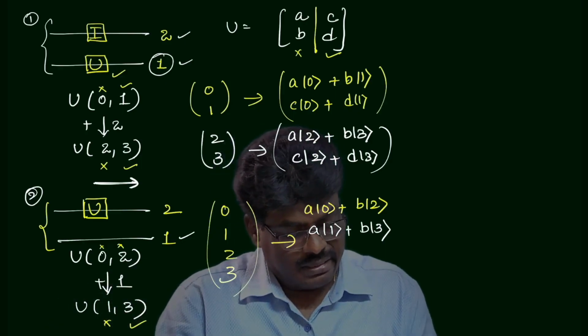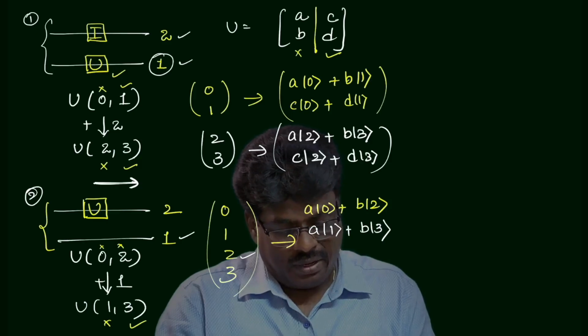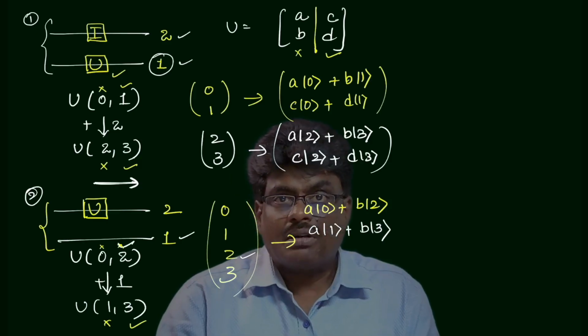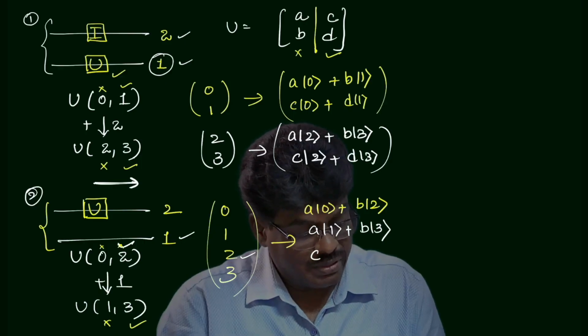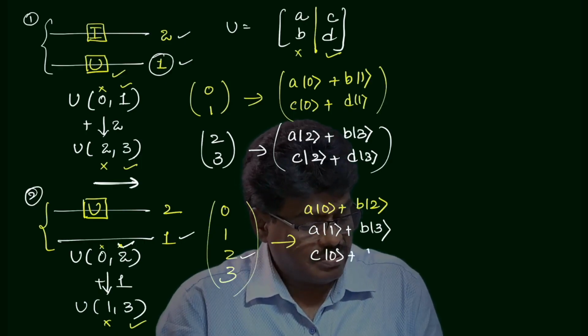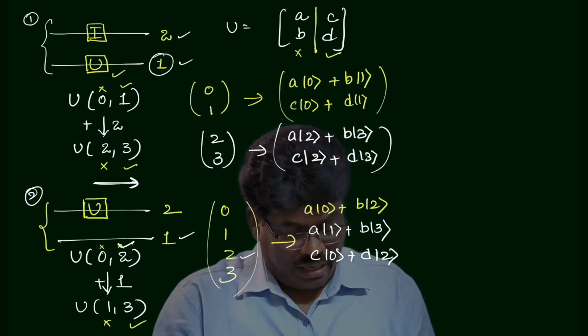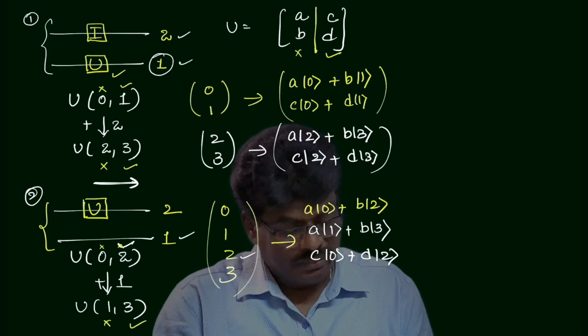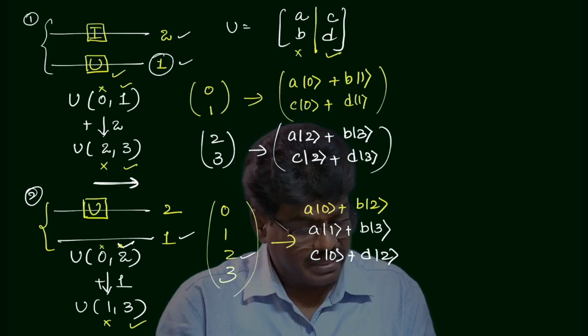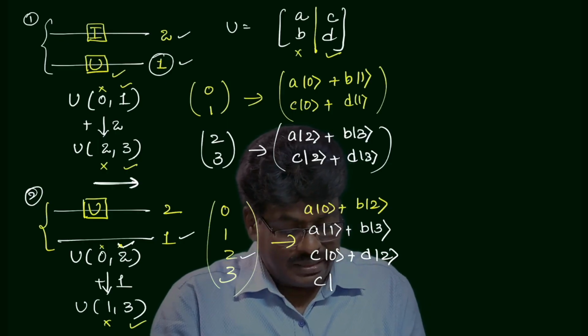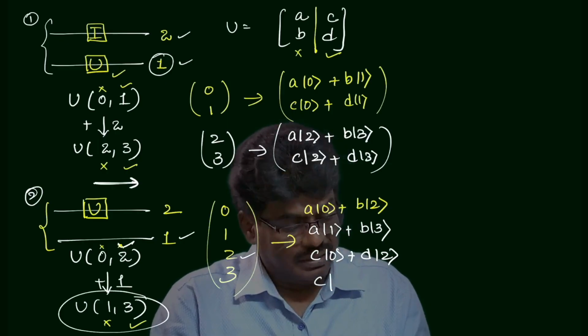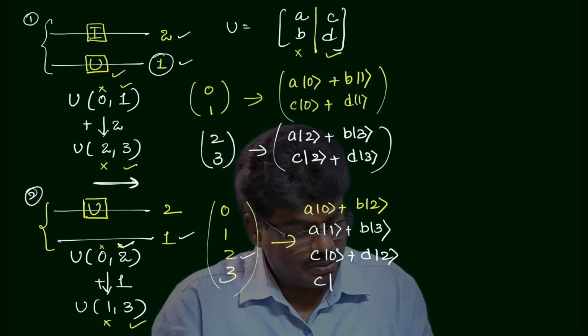Next second 2, here we have second one which is on state, that's why you have to use c0 plus d2. Okay, and last one, third one, here it is an on state, this creates a superposition of 1 and 3, that's why you have to take c1 plus d3.